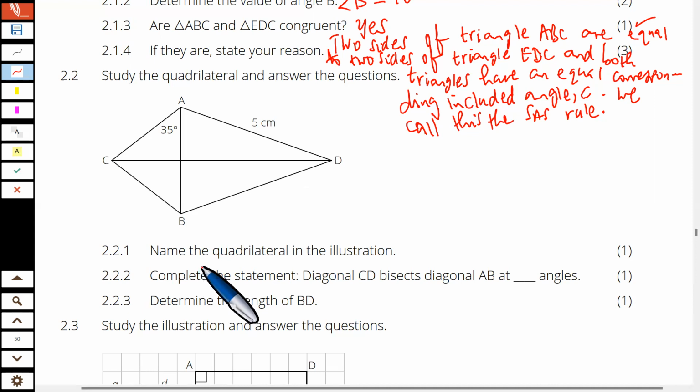What do you think is the quadrilateral in the illustration? Your thoughts, please. I don't think there is an equilateral.